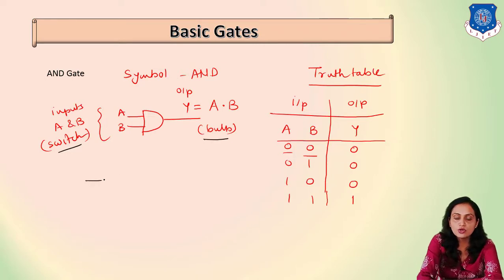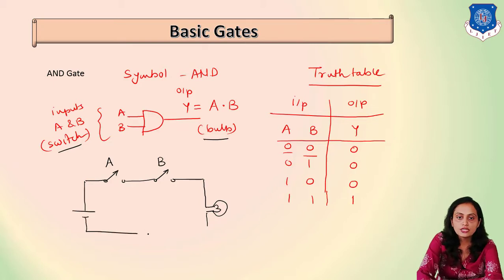You will see there are two switches over here. This is switch A and this is switch B. So these are the inputs, that is input A and input B. And I am drawing one output, that is by the bulb.